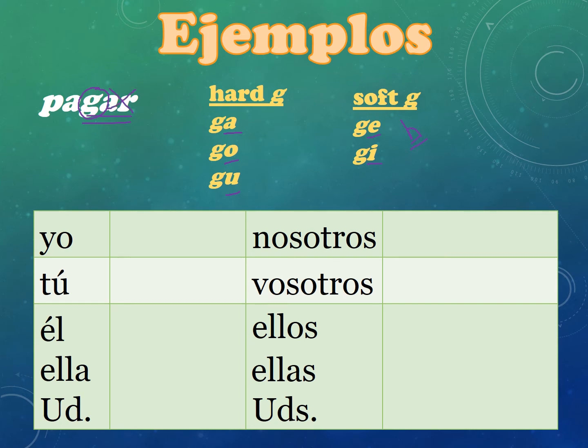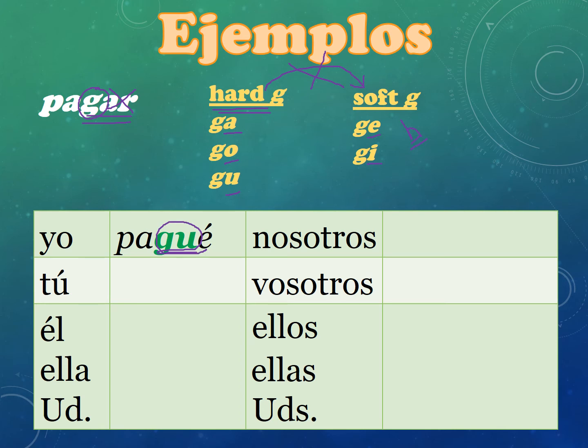When we take off the AR and we want to add the yo ending, which is an E, all of a sudden it throws us to the soft G, but we don't want that. We want to keep it hard. The way you make a soft G, an h sound, hard, a g sound, is you add a U. So you're going to end up with G-U-E, so that we say pagué.